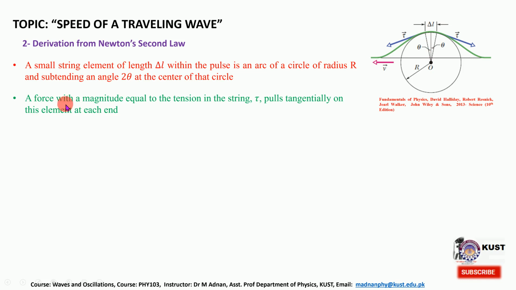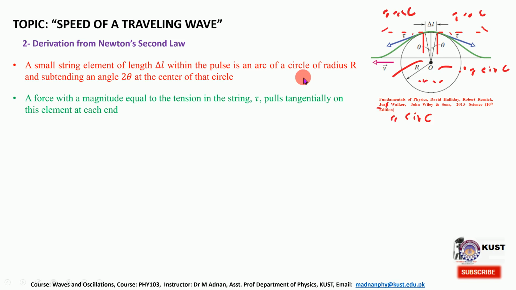A force with a magnitude equal to the tension in the string pulls tangentially on this element at each side, right? As I told you, the speed is proportional to the tension in the string. So this tension will pull this wave on both sides.